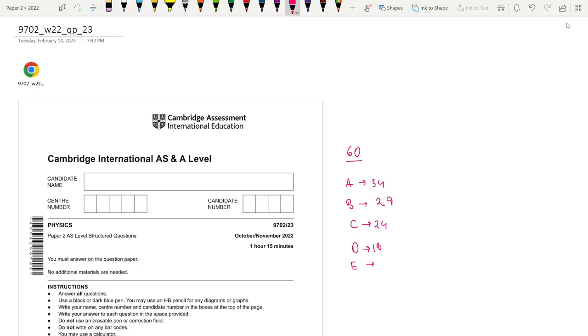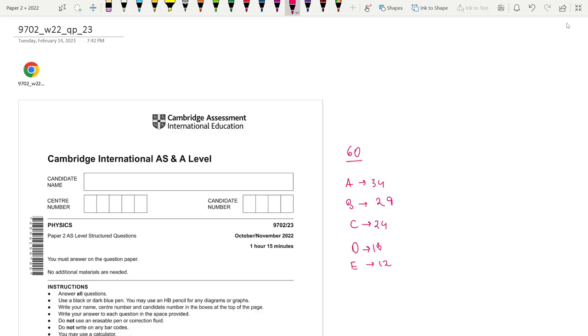Although the mark for E was quite high compared to the others, A was the lowest, so the 80th percentile was a bit lower comparatively.